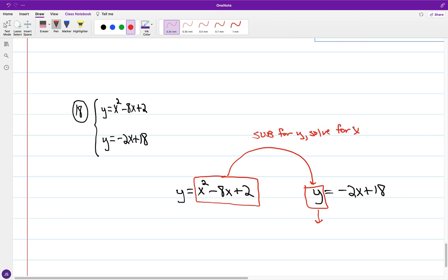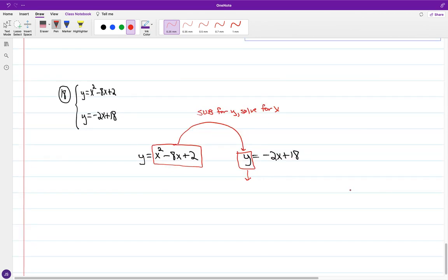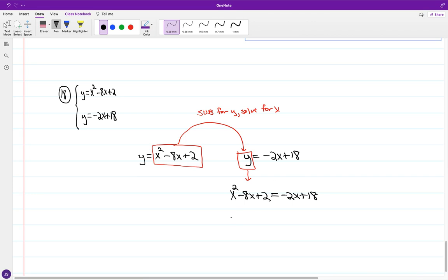So looking at substituting for y and solving for x, we'll have in the rewrite x squared minus 8x plus 2 is equal to negative 2x plus 18. So I have a quadratic equation, and what I can do is set this up as a quadratic equation in standard form.